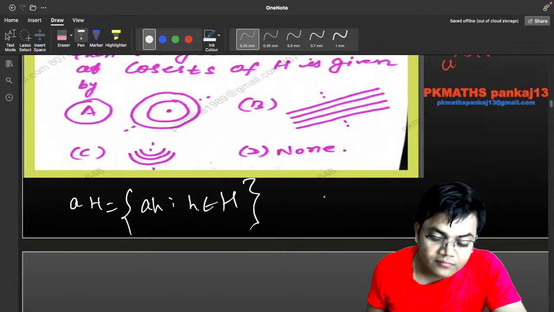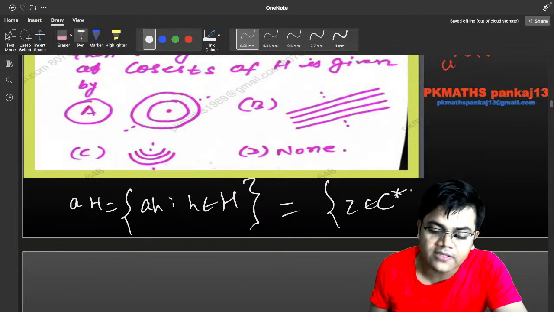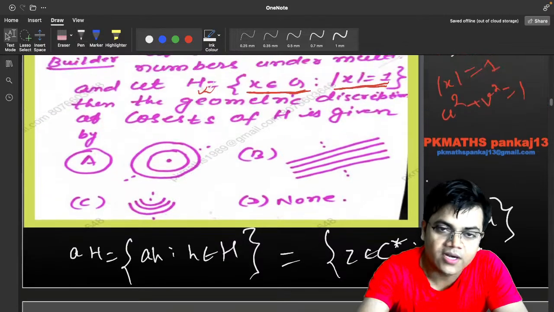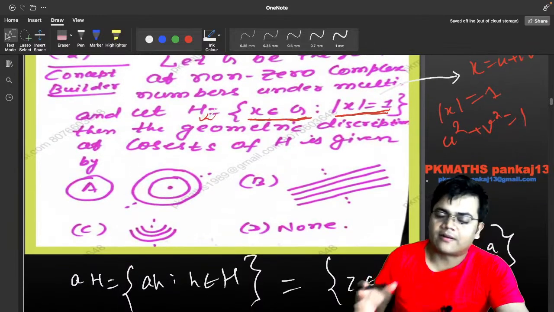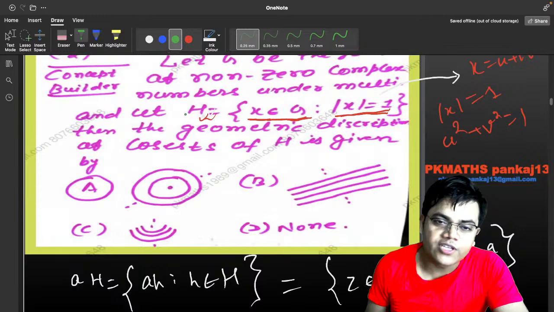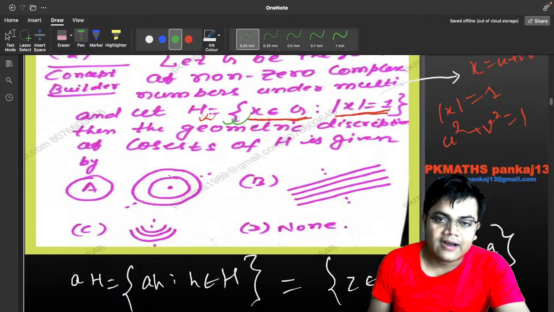And we have to show what? This is nothing but the set of Z belonging to the non-zero complex numbers such that mod Z is equal to mod A. If we are able to show this one, it means what? For intuition, if you are given a unit circle, a set of the unit circle, you can say it is the subgroup.